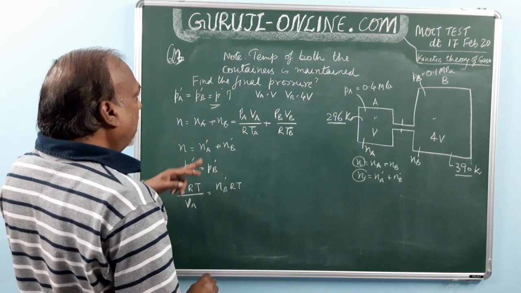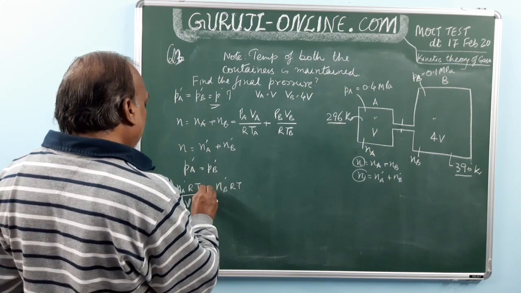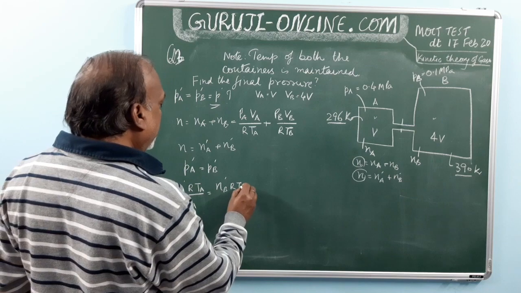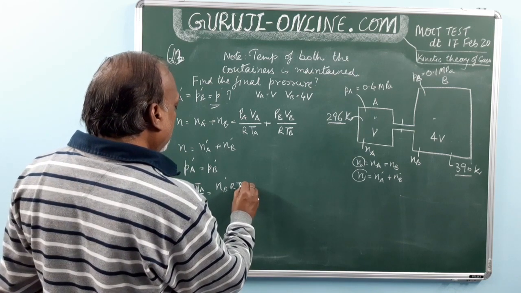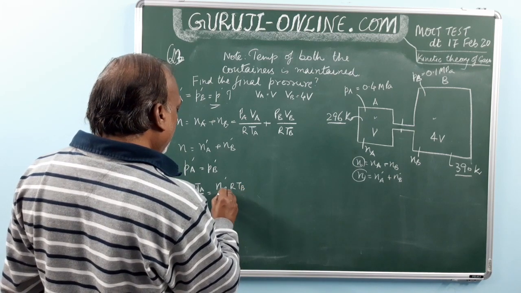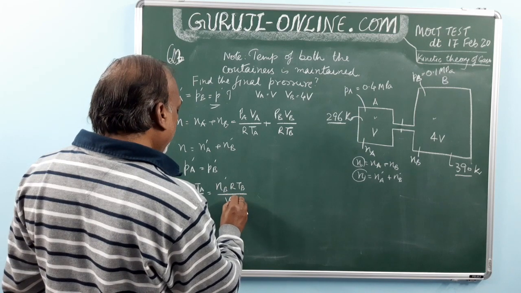Now temperature we are saying it is maintained. In this process also this will be TA only, and in this process also it will be TB only, and this will be VB.